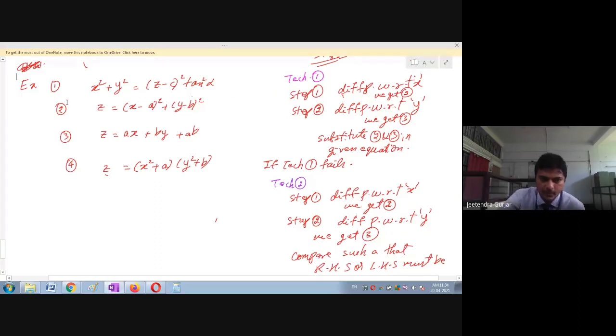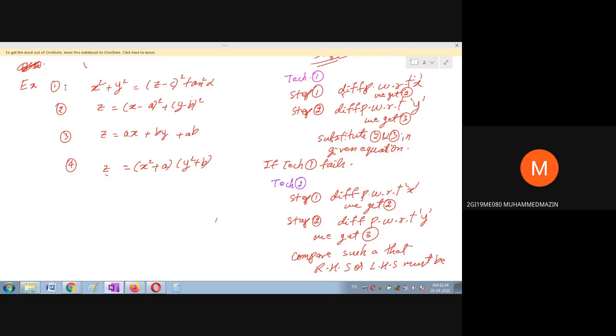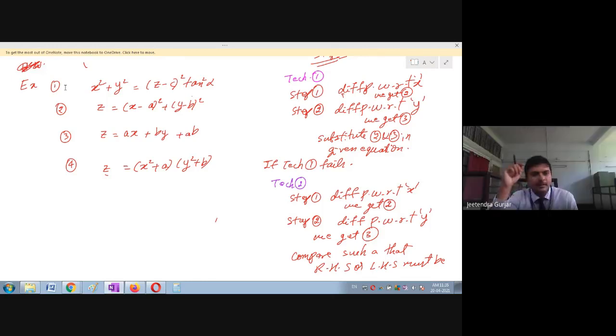Can anyone tell me what the constant is in this example 1? Yes, please, just think. What are the independent variables? What are the constant terms? What is the dependent variable? Can you identify? X and Y are independent. Yes, excellent, beta.